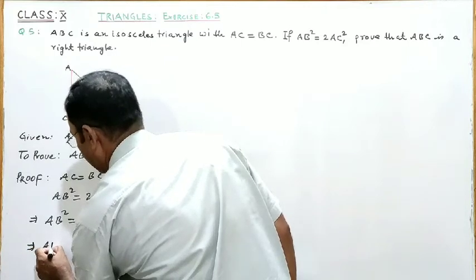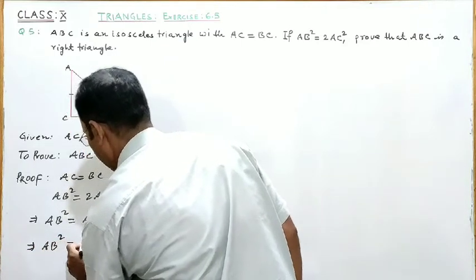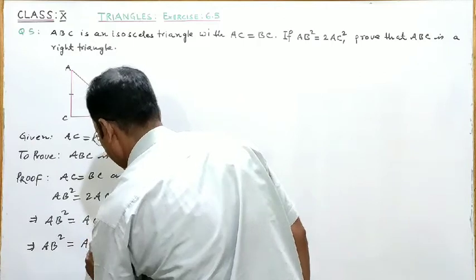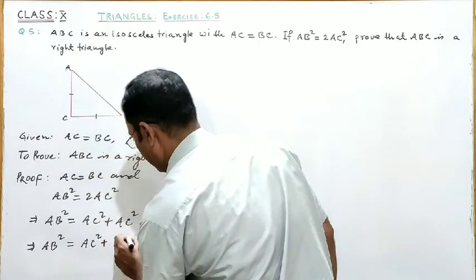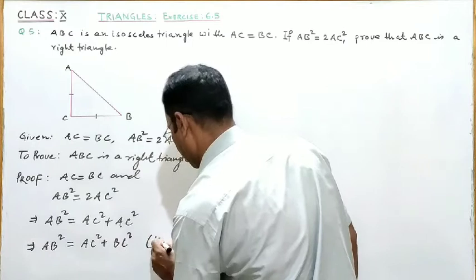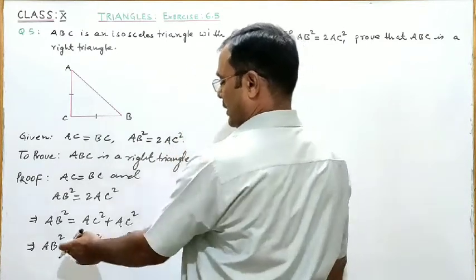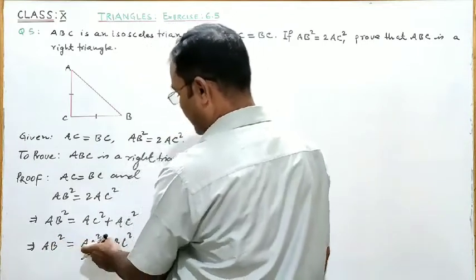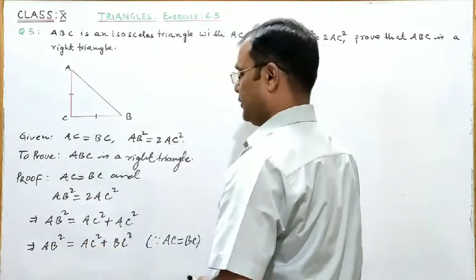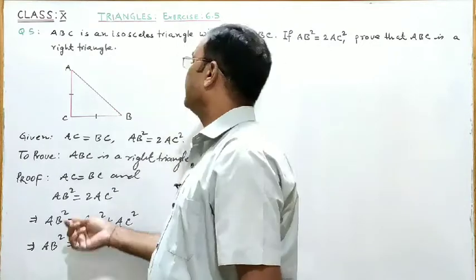This implies AB square is equal to AC square plus BC square, because AC is equal to BC. So AB square is equal to AC square plus BC square. Now see this relation in this triangle.